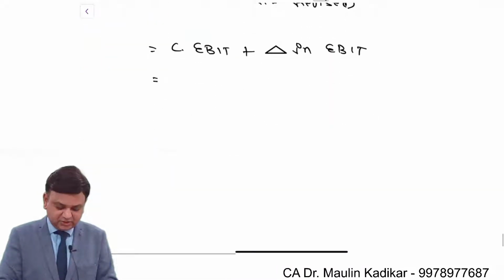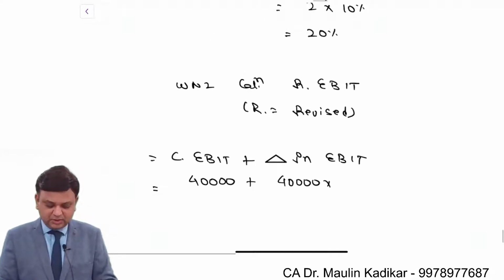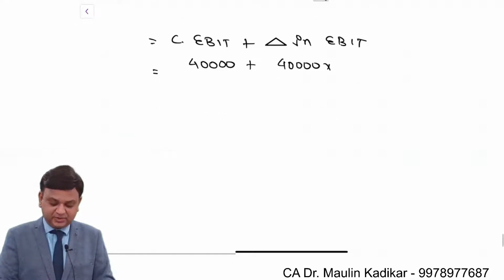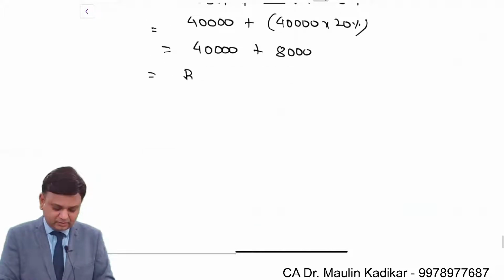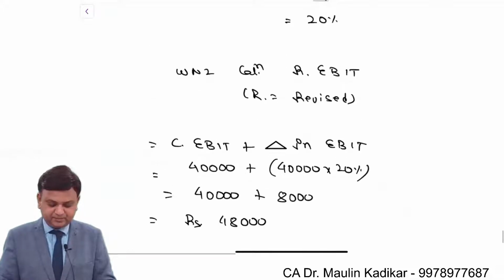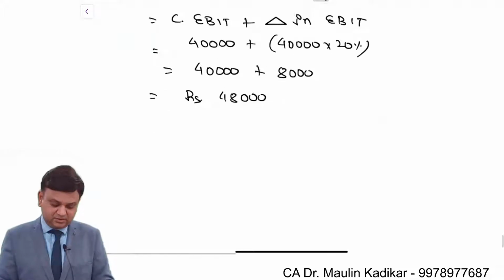So here it is 40,000 plus 40,000 into the percentage change, 20%. So 20% of 40,000 comes to 8,000. That comes to rupees 48,000. That is the way the revised EBIT can be found, the first method.